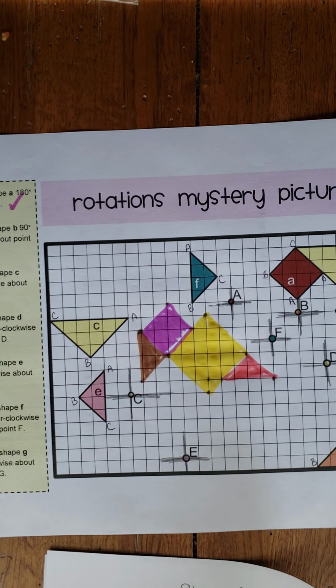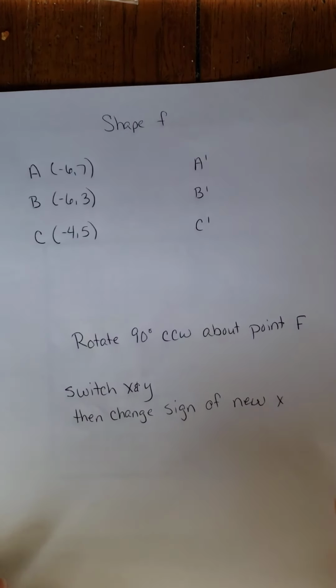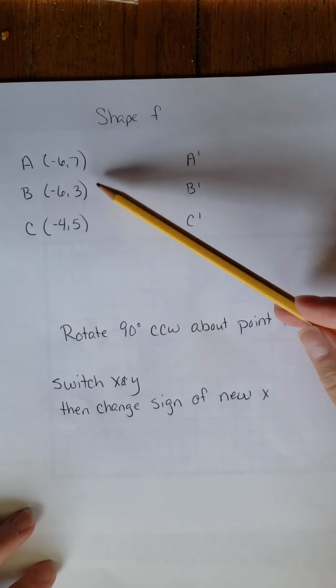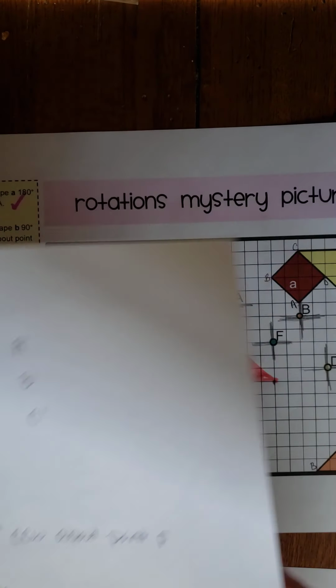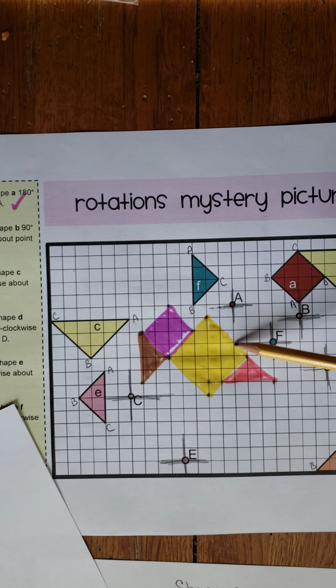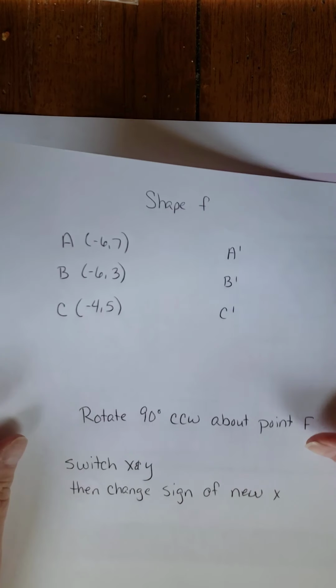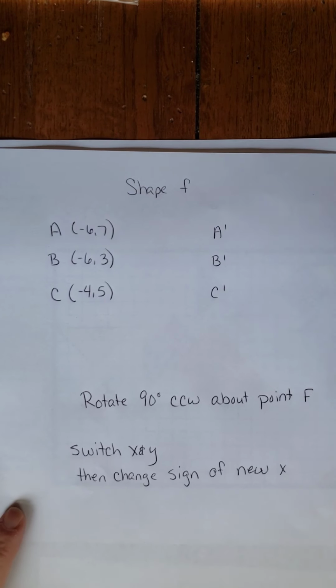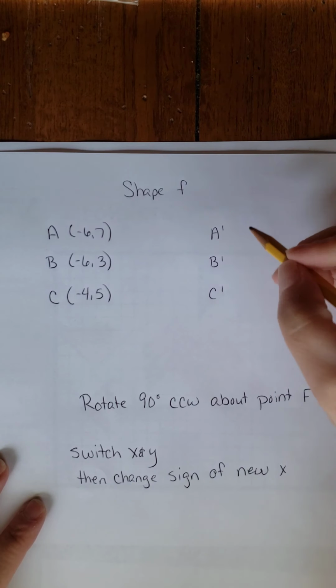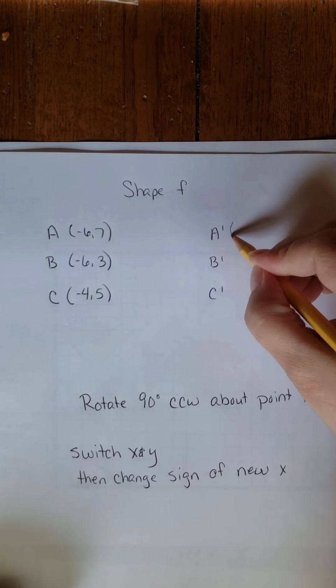And for this one, we're rotating 90 degrees counterclockwise about point F. So I've written down all the points in relation to this. Remember how we find them? We just count them in relation to this. So our rules for this: switch the X and the Y, and then change the sign of the new X.